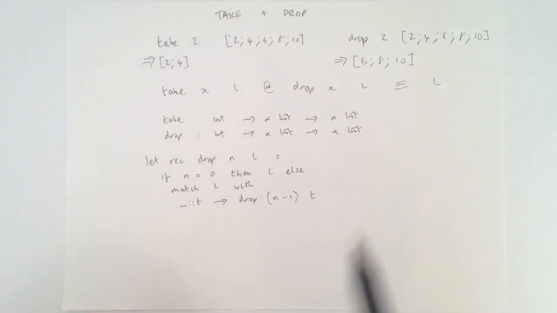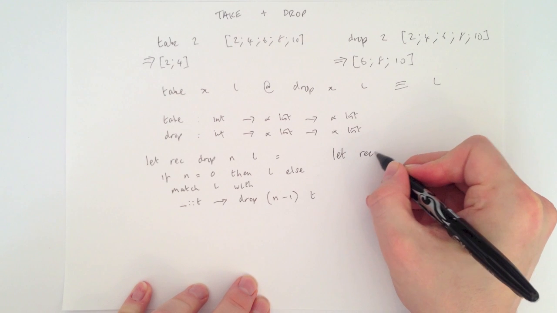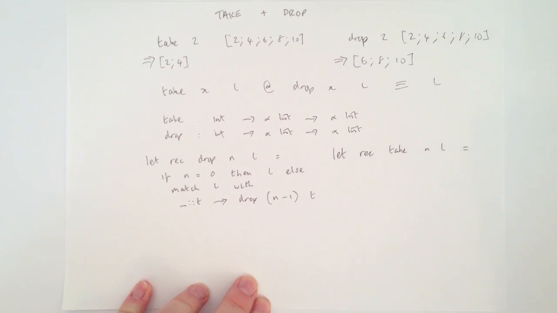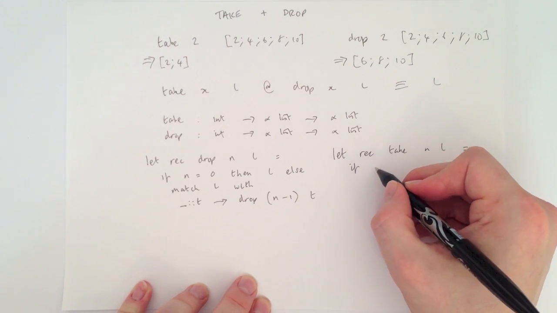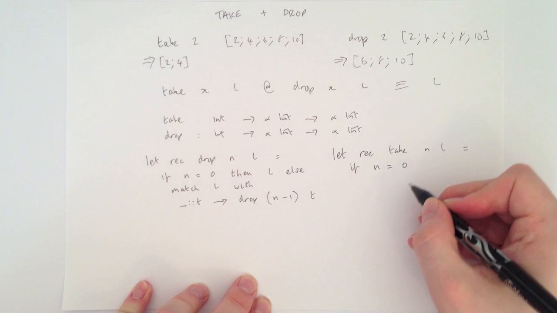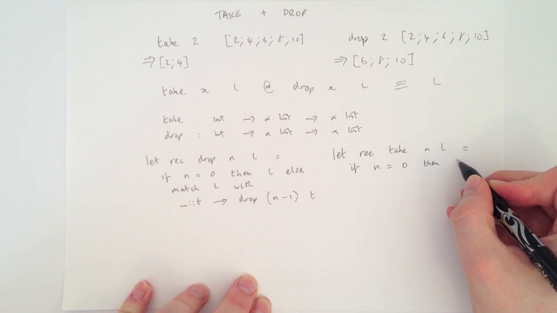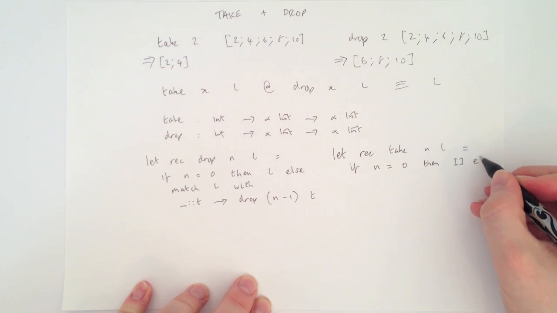The function take is somewhat similar. Again, we'll call them n and l. Well, here, if n equals 0, we've been asked to take no elements from the list. So the answer is the empty list.